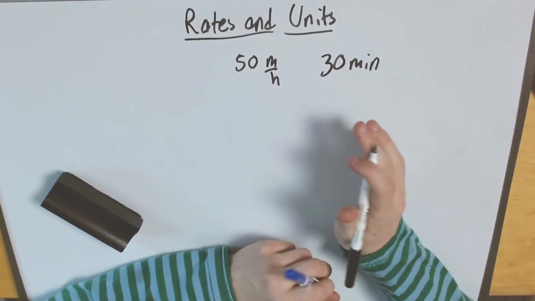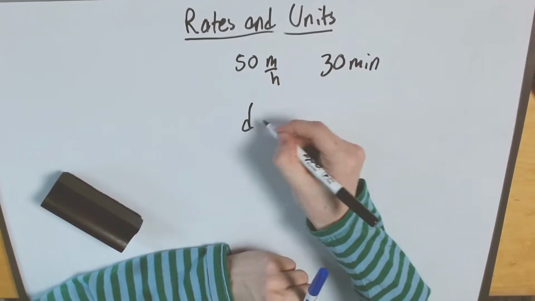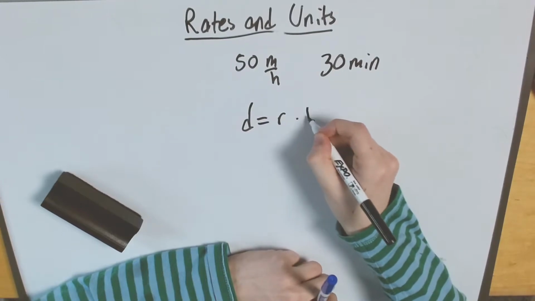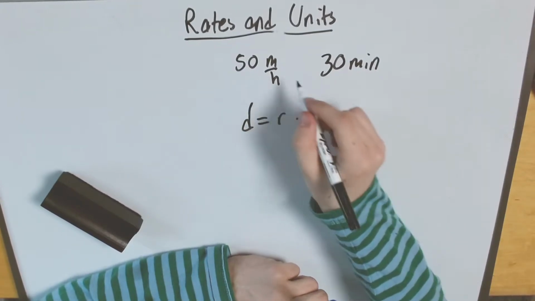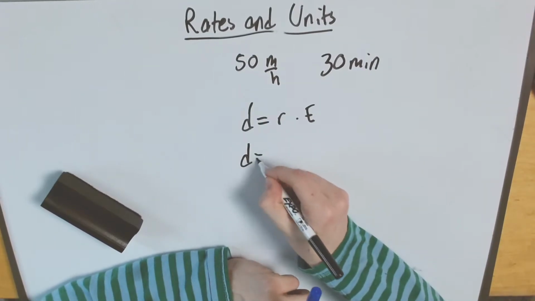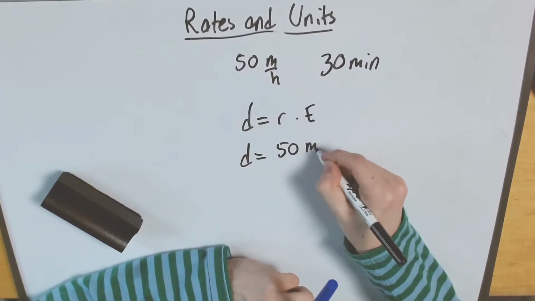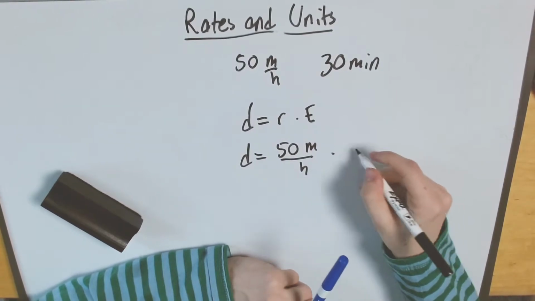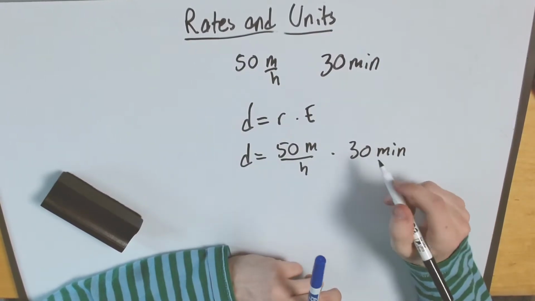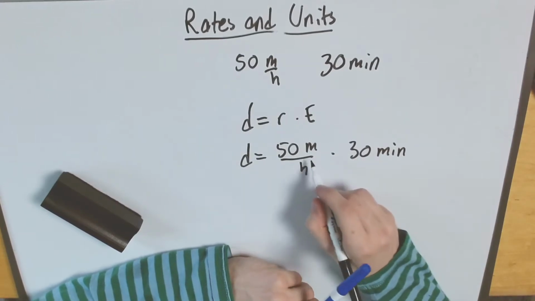And that's very interesting. I'm going to write this as I would in my distance equals rate times time formula, right? Where 50 is my rate, 50 miles per hour, and 30 minutes is my time. And I know that my answer is supposed to be in miles, right?